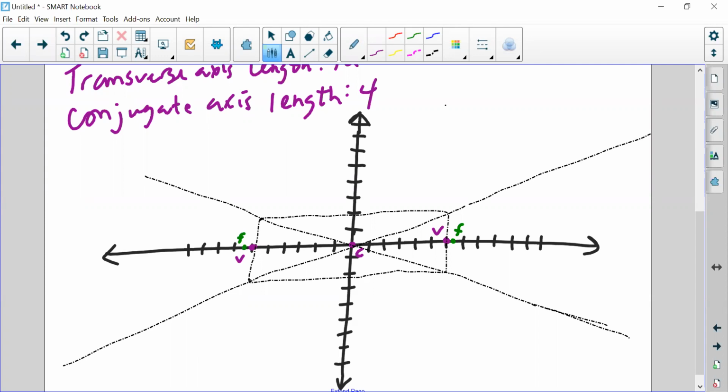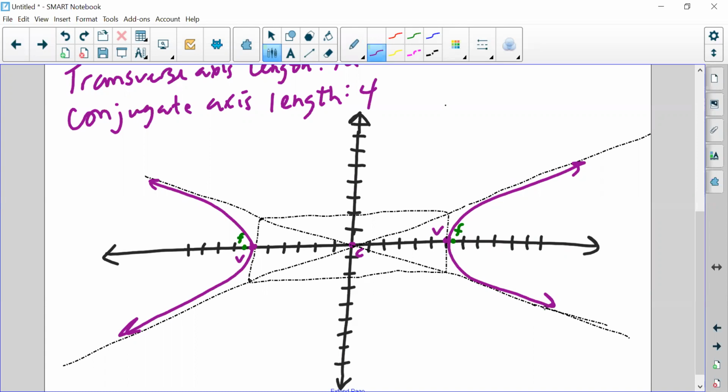Okay. So there's my asymptote. So from my vertex, draw a U approaching that asymptote. That's how you get your graph. So we got our graph done.